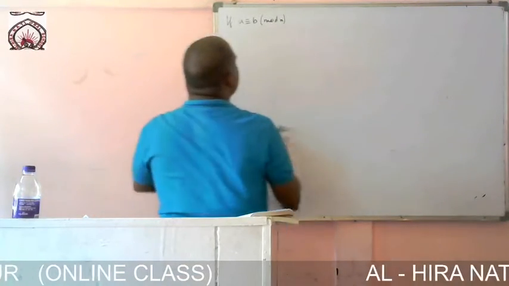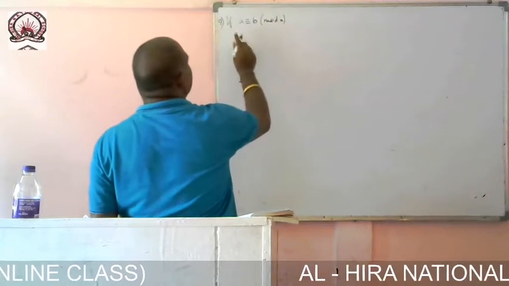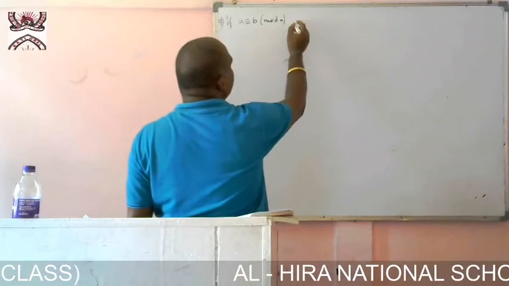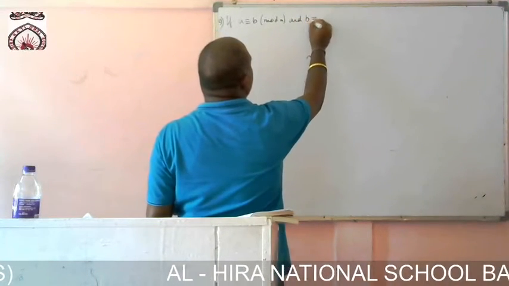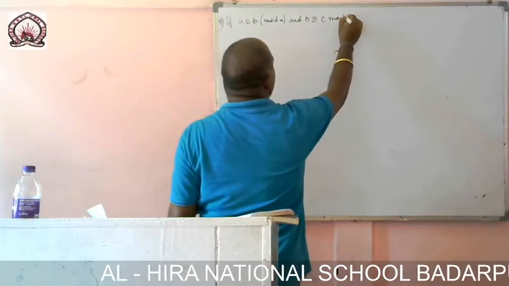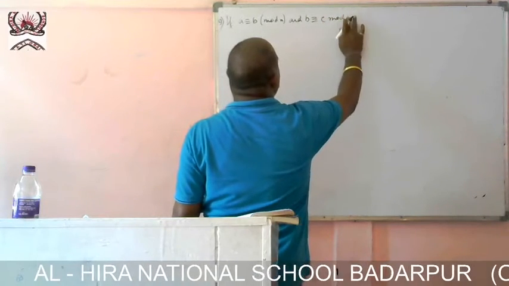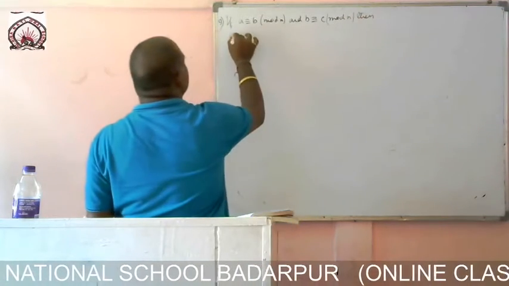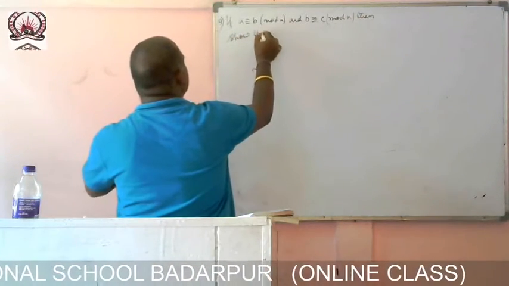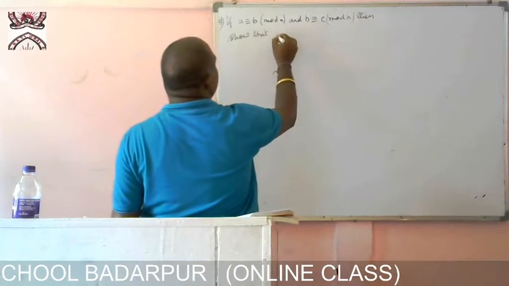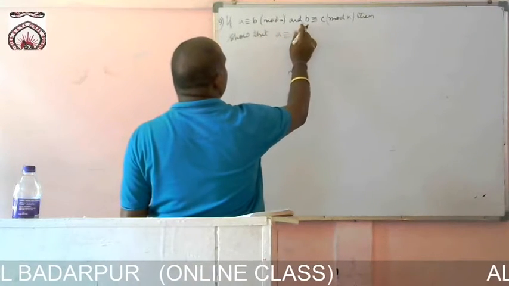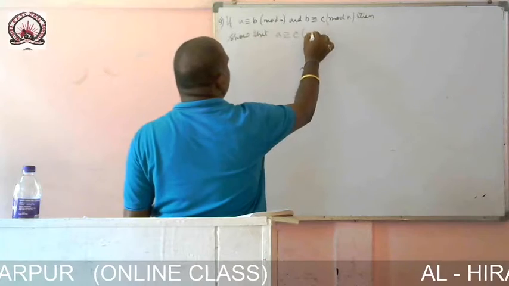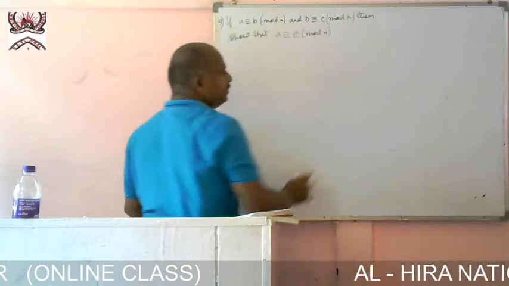Now another question. If A is congruent to B mod n and B is congruent to C mod n, then show that A is congruent to C mod n.